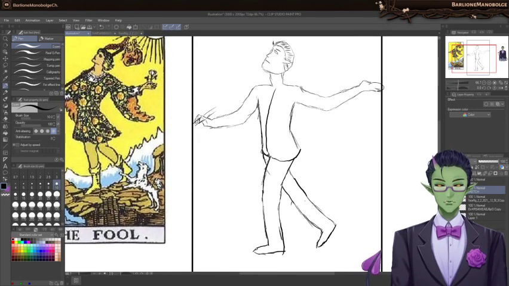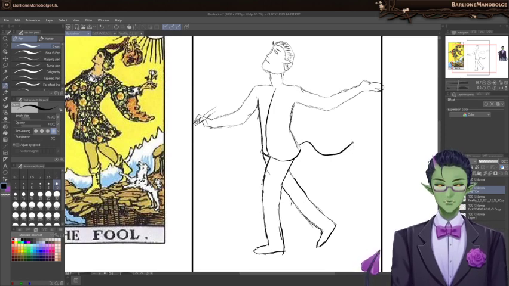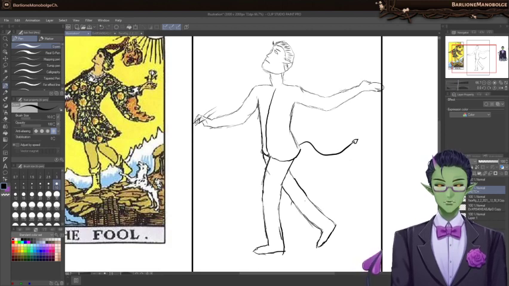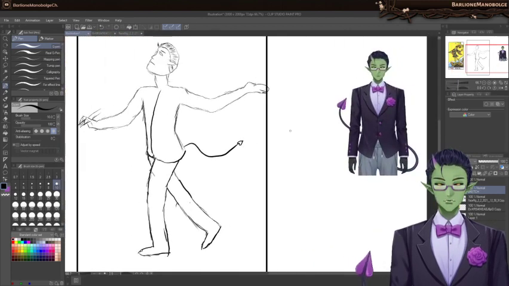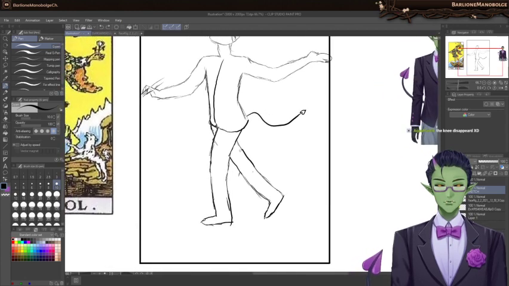Right then. Tail. So I did that backwards. In case you're curious about a detail of my tail, an upside down heart. Yeah, I know the knee is gone. There was never a knee to begin with.